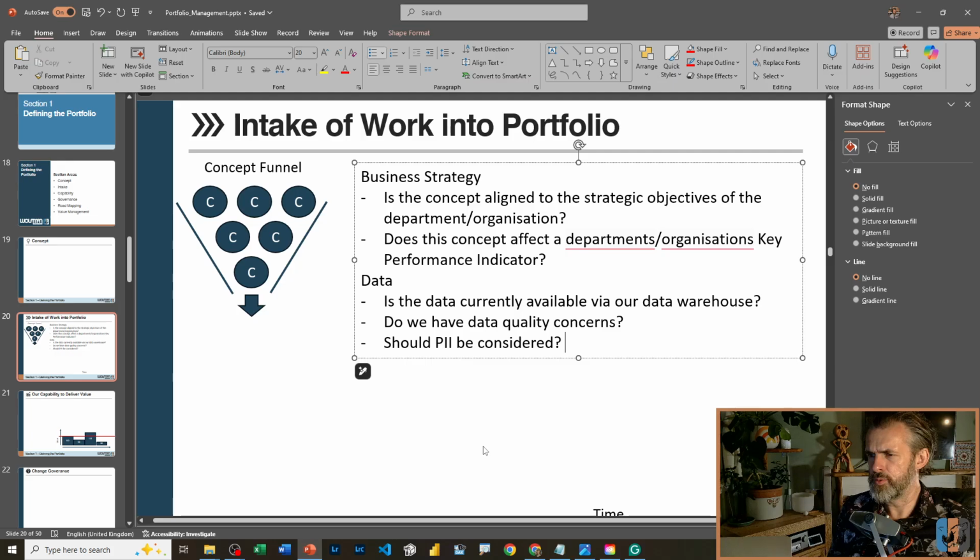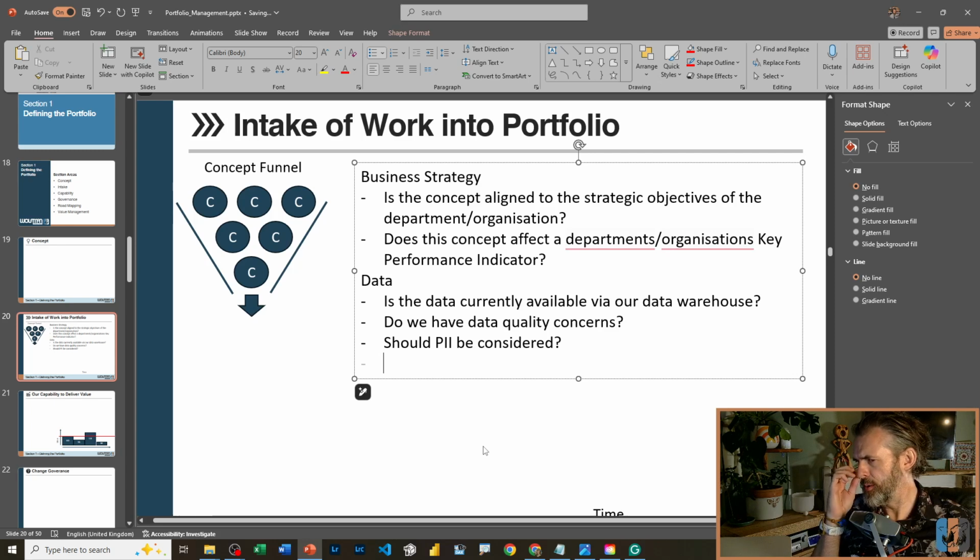Is there any more data related questions? I suppose there might be a question around the source systems, or how many sources of information are we pulling from?